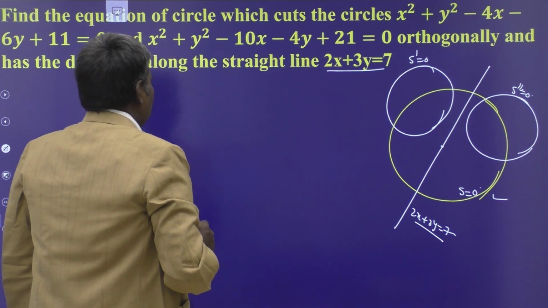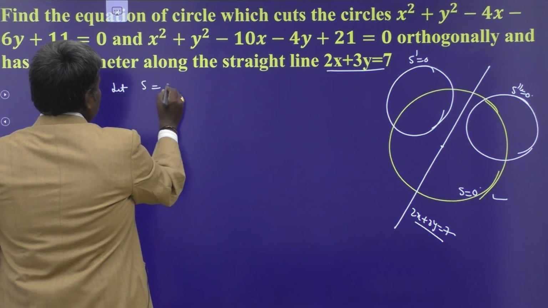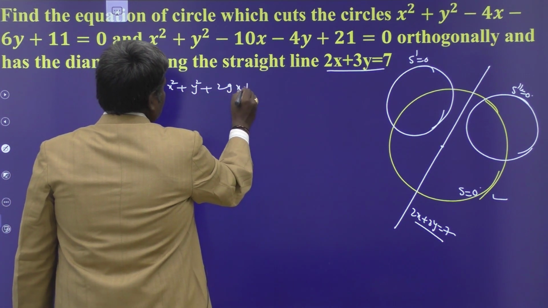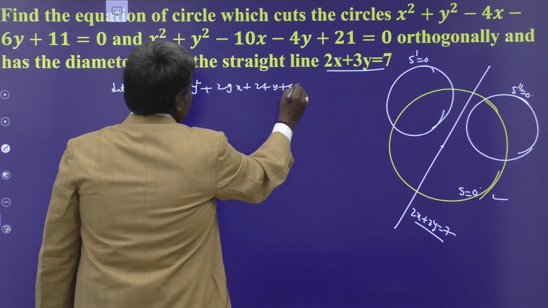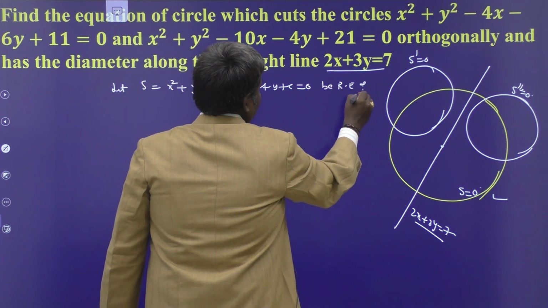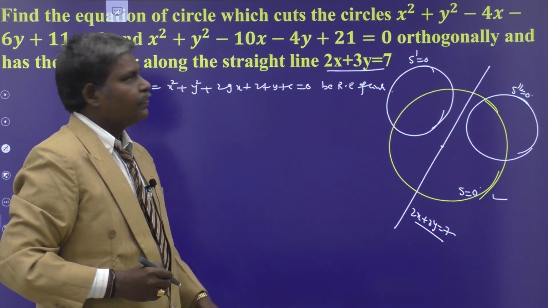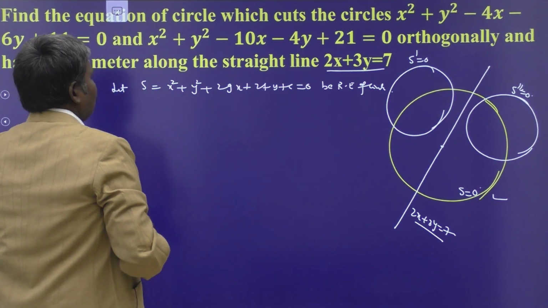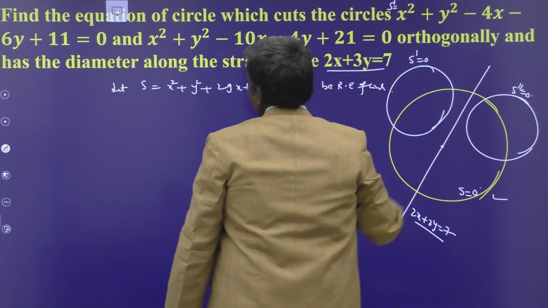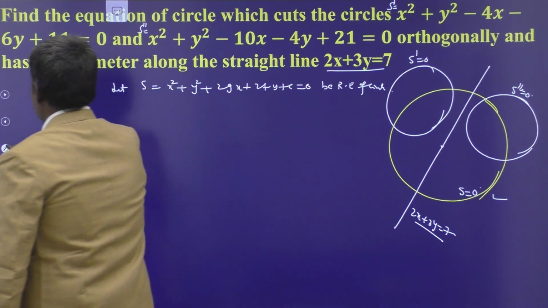Let S equal to 0 be the required equation of circle. Let S is equal to x square plus y square plus 2gx plus 2fy plus c equal to 0 be the required equation of circle. This is S. Now S equal to 0, S dash equal to 0. Suppose S dash is equal to 0 and S double dash equal to 0. Okay.